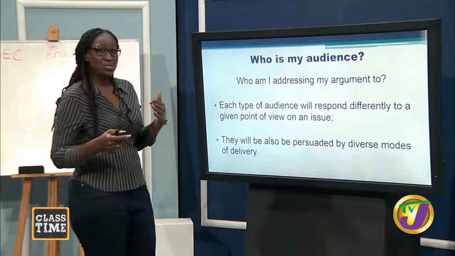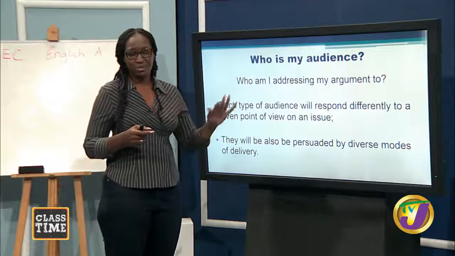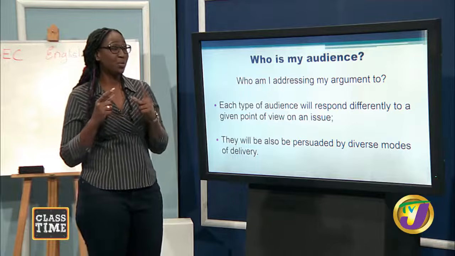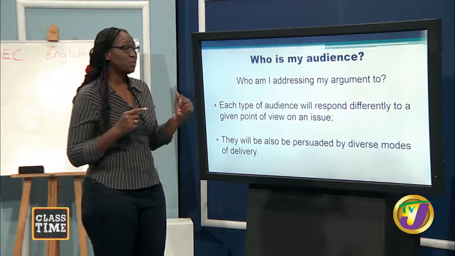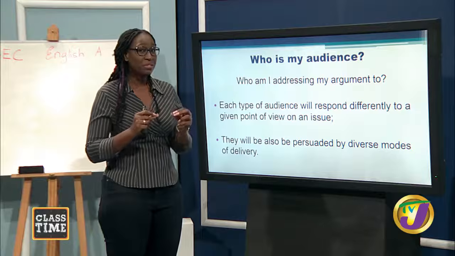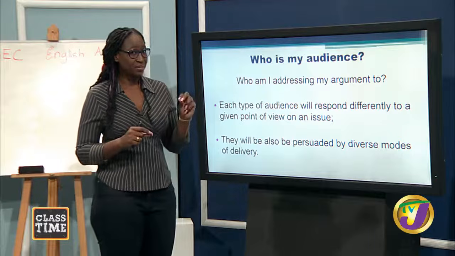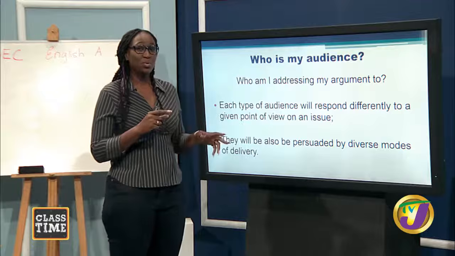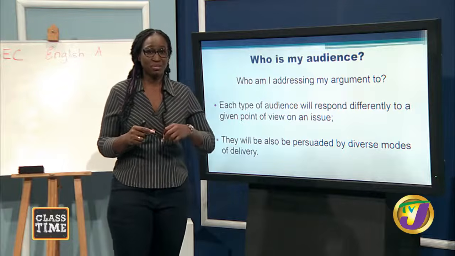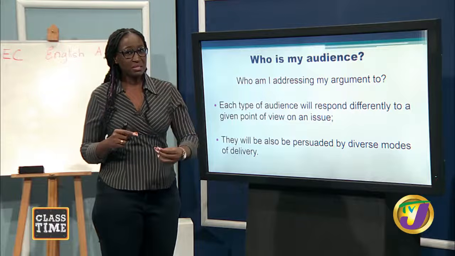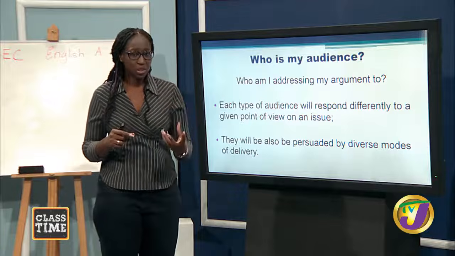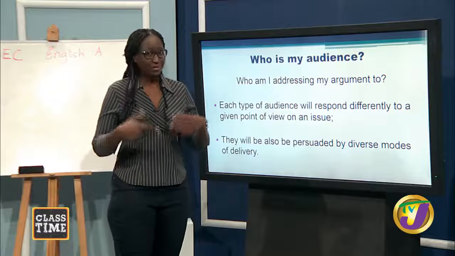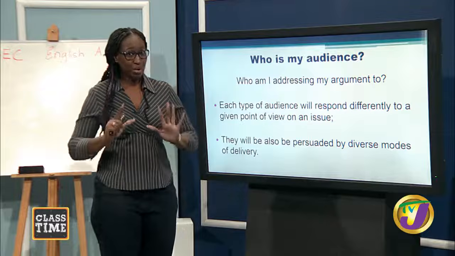Now, of course, we went through a gamut of persuasive techniques, and as a result, you are now equipped to decide which one of these, which group of these, which set of these devices can I use in this particular scenario. If you're writing to someone in a certain capacity that requires emotion, then you know all the devices that appeal to emotion, those are the ones you should really bring out.